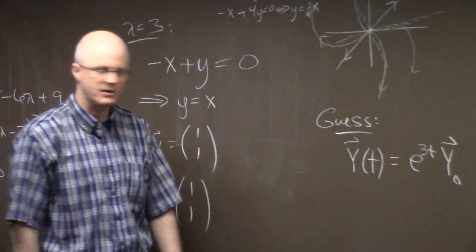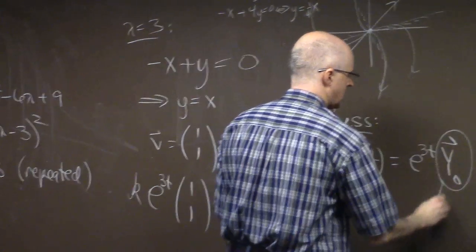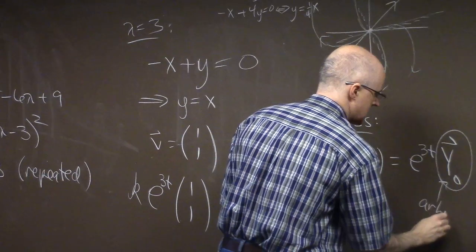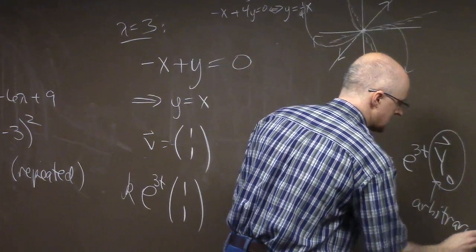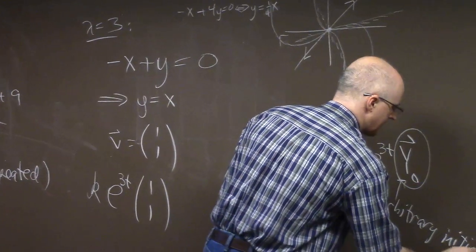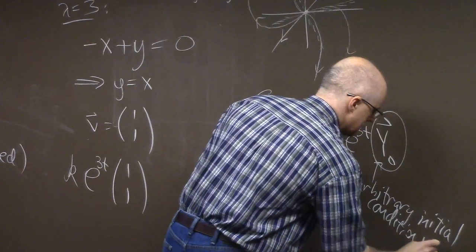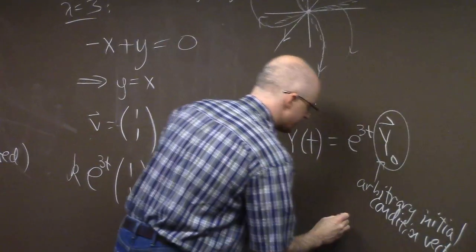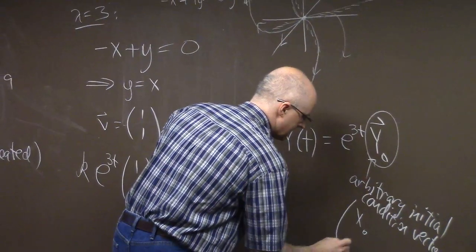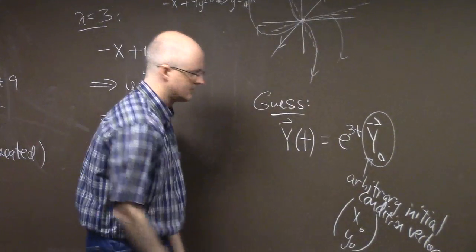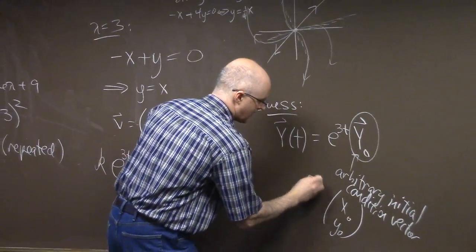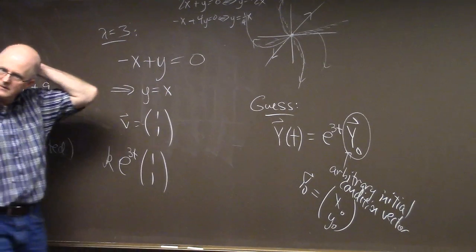That's an arbitrary initial condition vector, little x0, little y0. I've used that notation before, plenty of times.